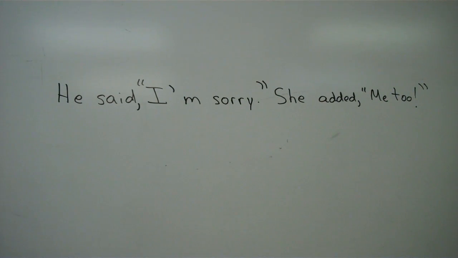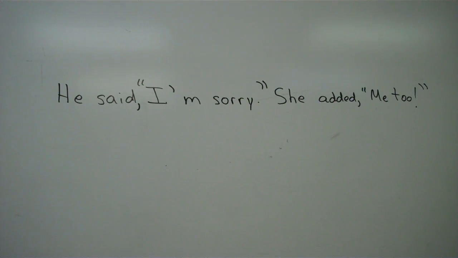We need to use editing marks as a community of writers. I'm going to show you one editing mark that is often forgotten. It's the new paragraph, the indent symbol. In this example, we have a dialogue. He said, "I'm sorry." She added, "Me too."